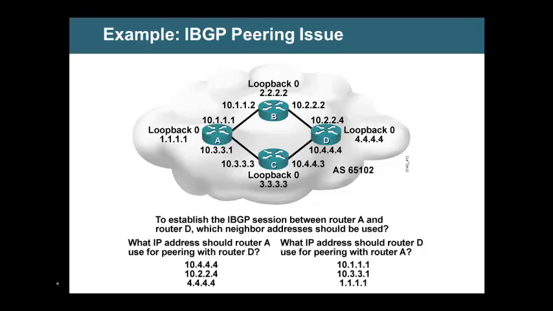Okay, I'll try to answer what you are trying to tell. You see, A to D, you got two paths. What you're trying to say is, if I form neighbor with loopback, even if one of the paths goes down, maybe this link going down, or this router going down, you will still have reachability to this address via the other path.